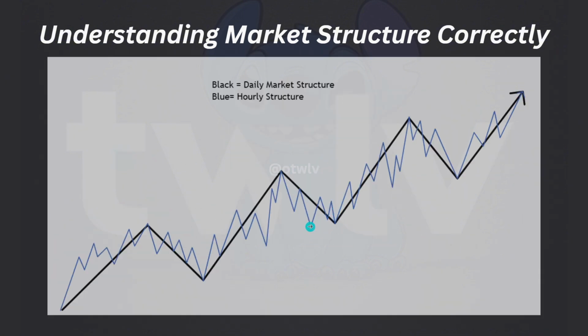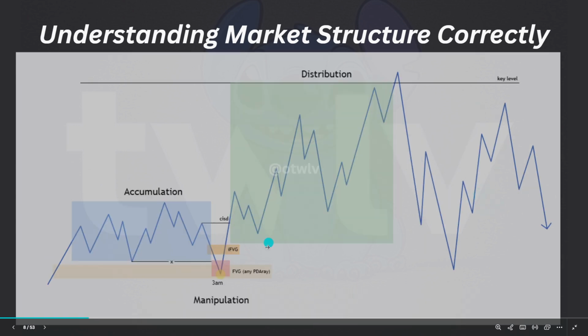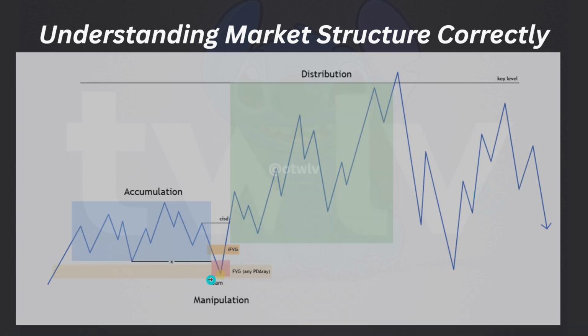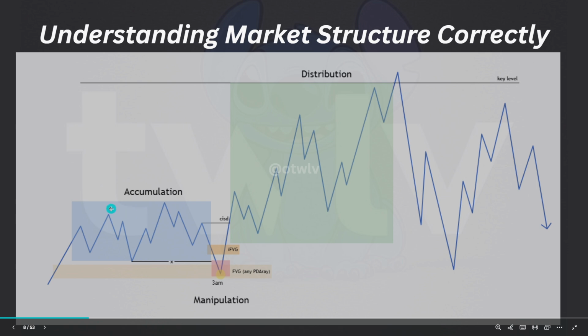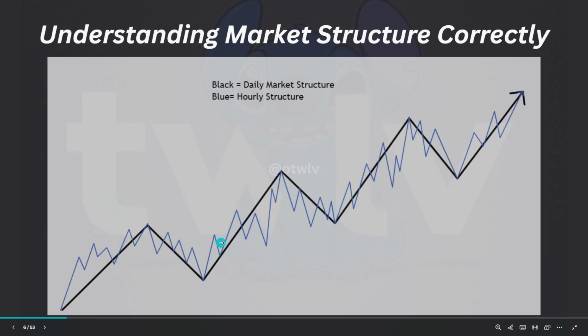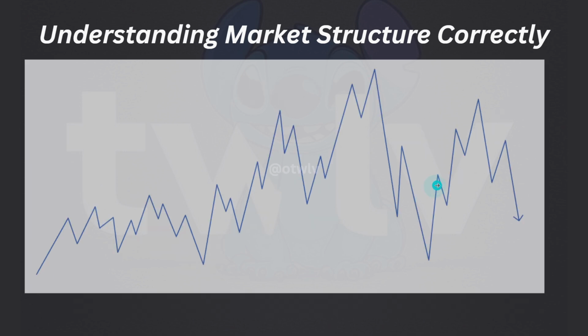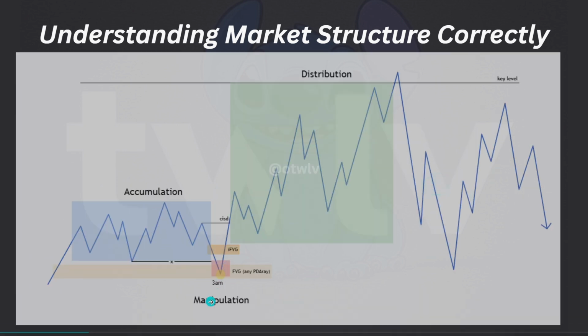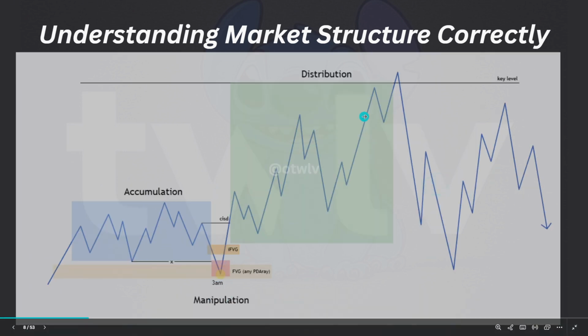So for example, this schematic here could be right here, on a lower time frame, like what I'm talking about right here. So we take this schematic here and it plays out here. So CISD, fair value gap tap, accumulation, manipulation into the distribution. Do you see that? Accumulation, manipulation into the distribution.